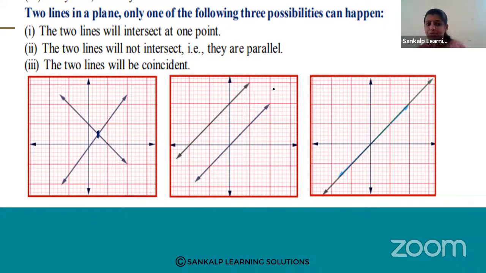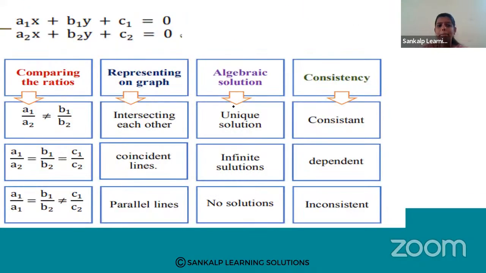Okay, next. Based on those possibilities, we can find the solutions, and we can also find the nature of the graph. So here, another important thing is comparing the ratios. Every time, we do not need to plot the graph to find the solution. So we can find out what kind of graph we will get by comparing the ratios also.